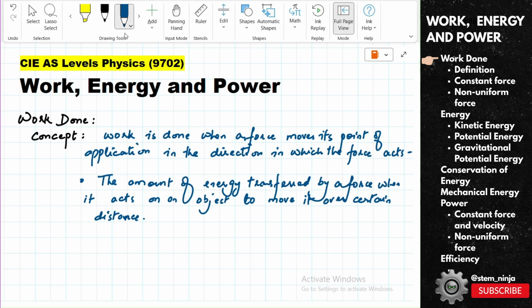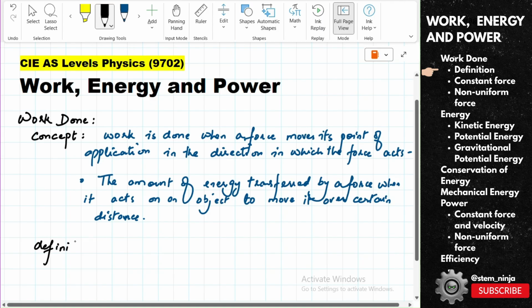However, this is not the definition yet. The definition is quite specific.